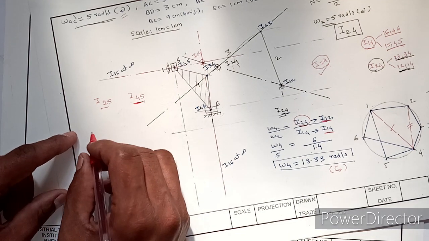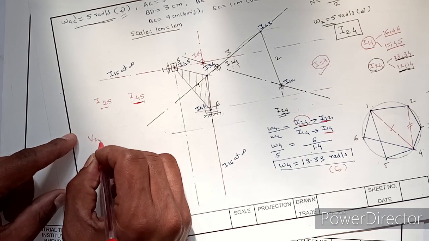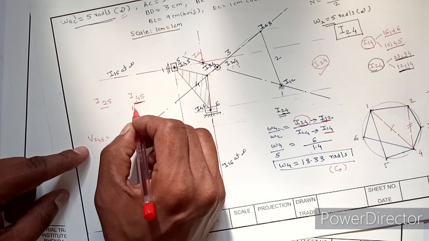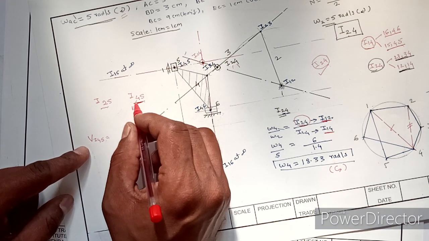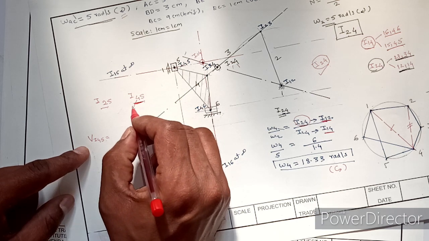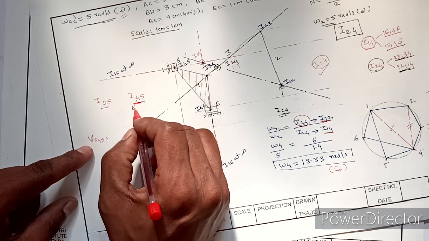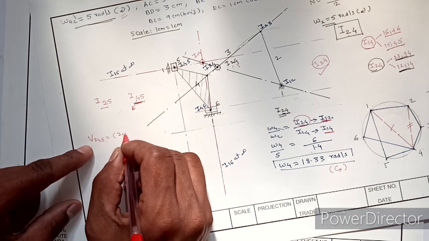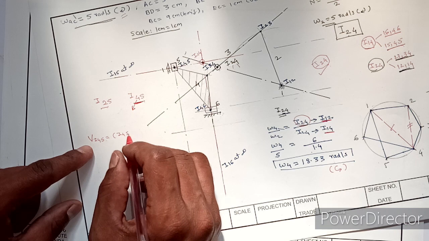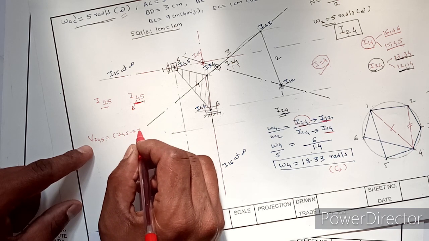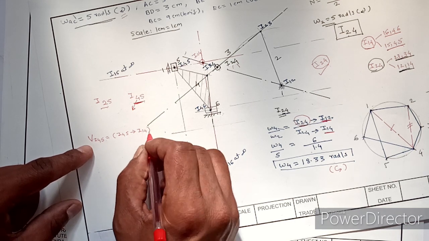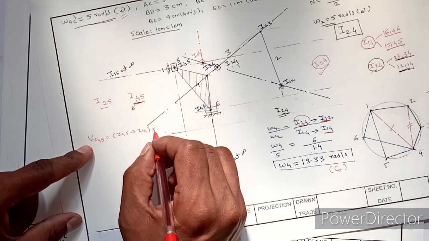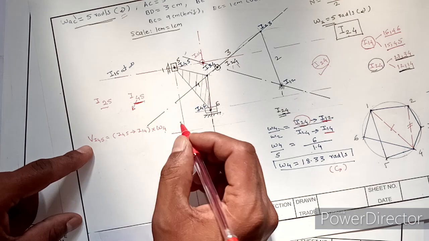I45. So the velocity of I45 when it lies on link number 4, because 4 is the rotating link, we assume this common instantaneous center lies on this link, so it will rotate with this link. So its linear tangential velocity will be equal to the radius of rotation, that is the distance of I45 from the center of rotation of link number 4, that is I14, into the angular velocity of link number 4.